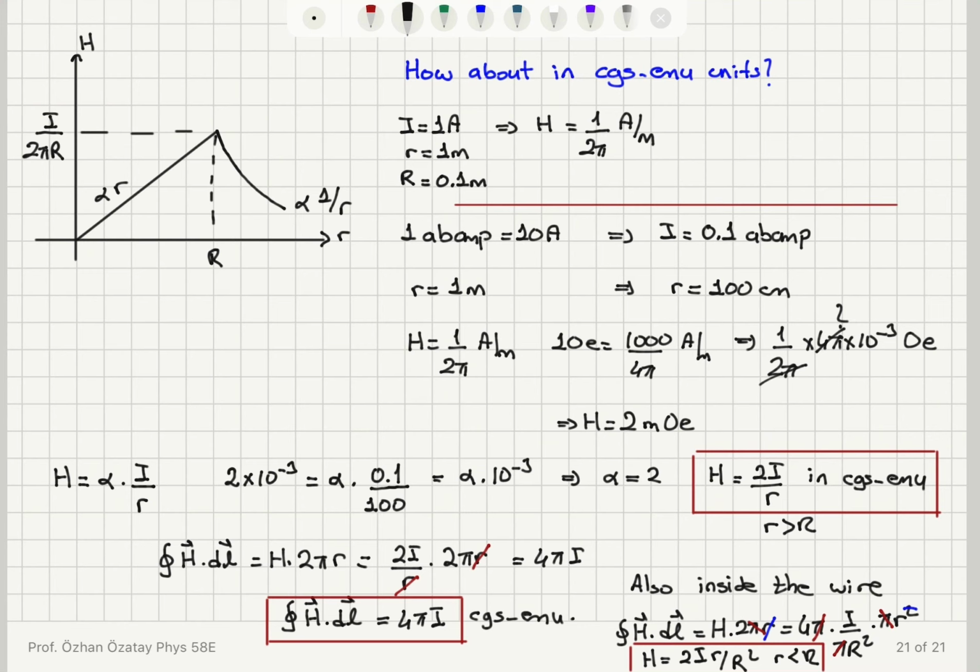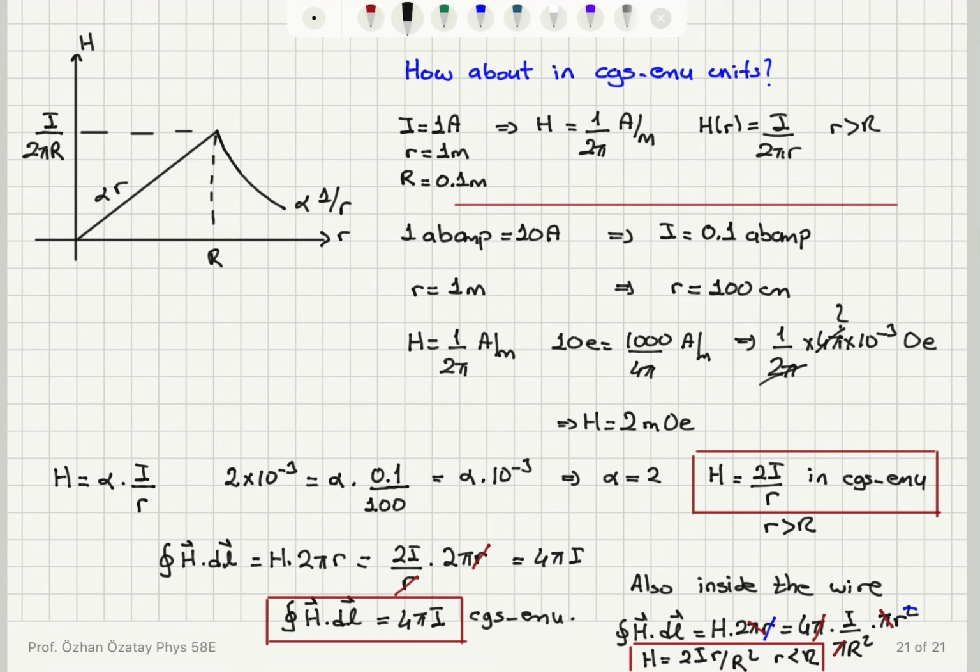And now I want to consider what happens in CGS units. The conversion I can find out using a numerical example. Take 1 amp of current at a distance of 1 meter outside a wire, let's say the radius is 0.1 meters. The magnetic field should be 1 over 2 pi amps per meter, because the magnetic field as a function of r is given as I divided by 2 pi r for r greater than capital R. And in CGS EMU units, 1 abamp is 10 amps, so 1 amp is 0.1 abamp.